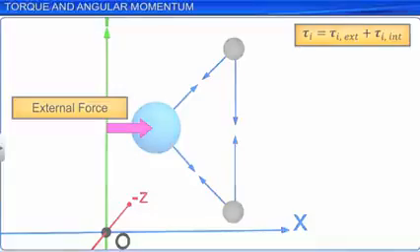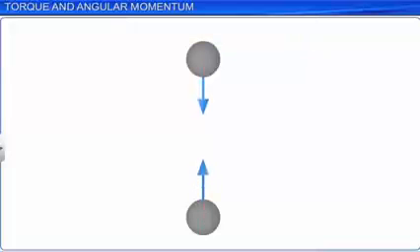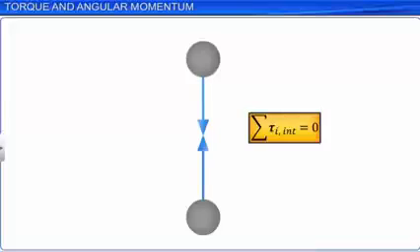As per Newton's third law, the forces between any two particles are equal in magnitude and opposite in direction and act along the line joining them. Due to this, the total torque due to internal forces, which is sigma tau i internal, becomes 0.